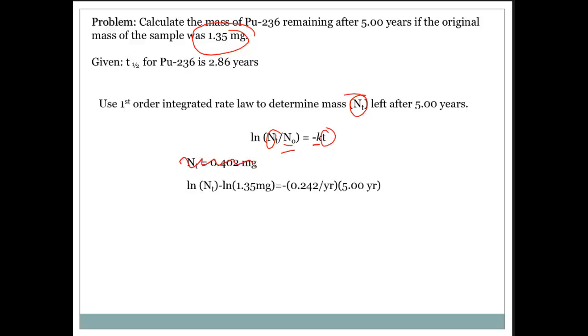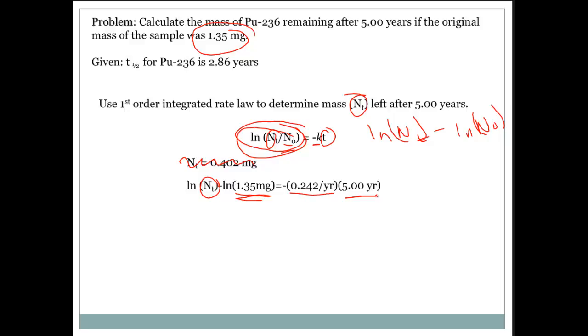We're looking for ln of Nt minus natural log of 1.35. We can rearrange this to be ln of Nt minus ln of N naught. That's how you separate this type of equation. That's why I was able to pull 1.35 down. It is equal to the k, which is what we solved for in the previous slide, times 5 years.